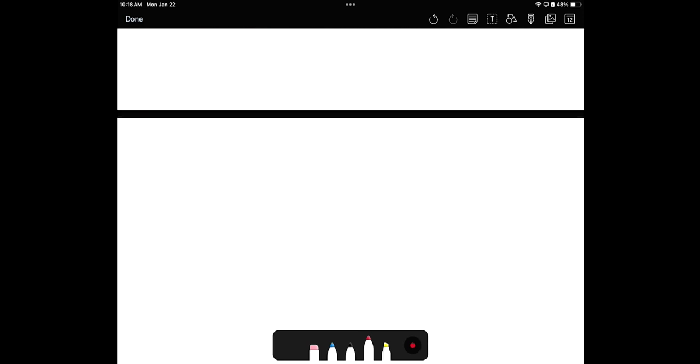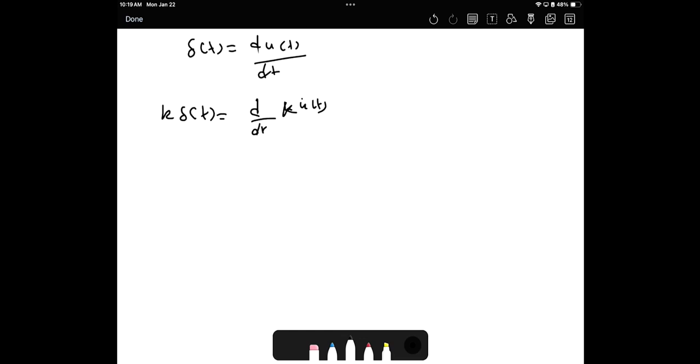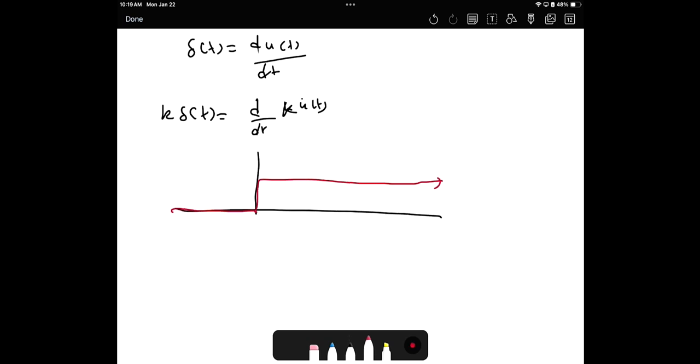Okay. Now, let's talk more about this function. Since I say that delta of t equals du of t by dt, then I can say k delta of t equals d by dt of k u of t, if there is a constant. So, for example, here is u of t, and it's multiplied by k, so k u of t.